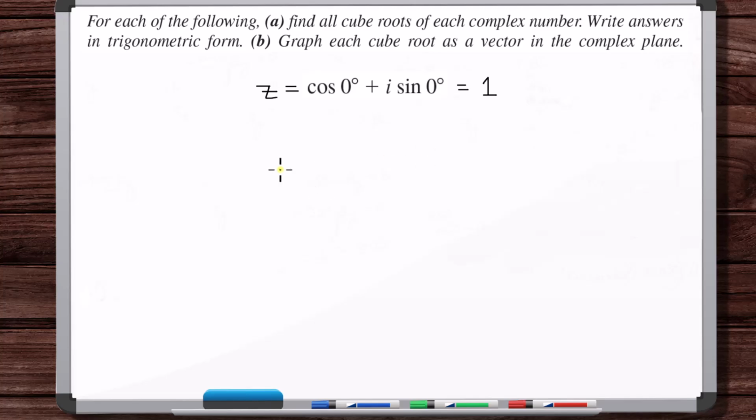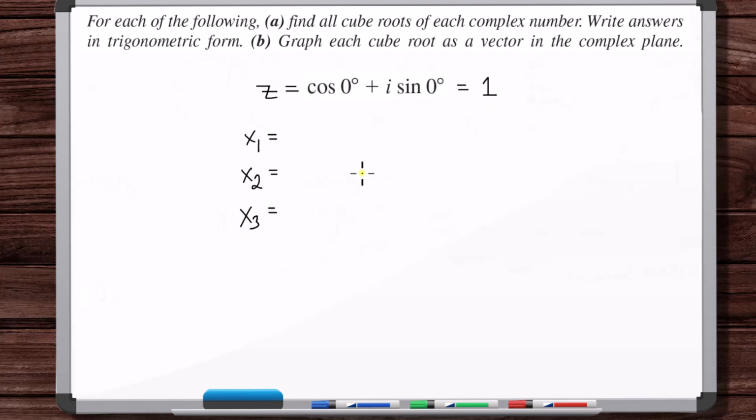Now, we know that for any complex number, no matter what it is, there's going to be exactly n nth roots. So that means we're going to have exactly 3 cube roots here.